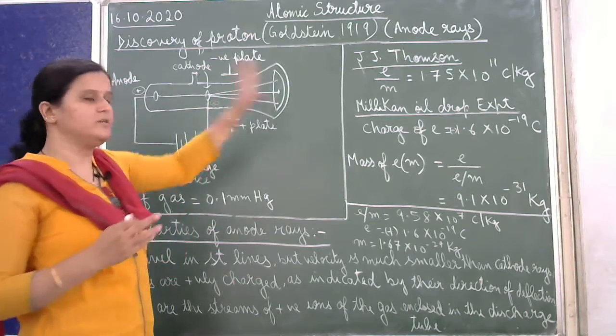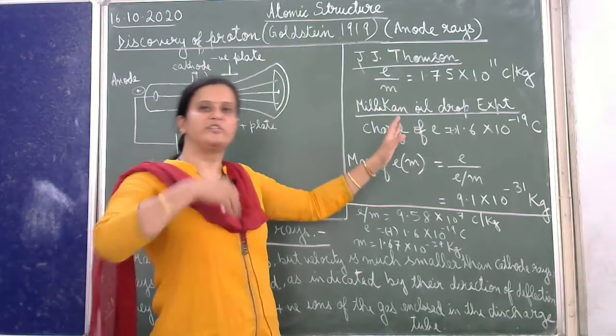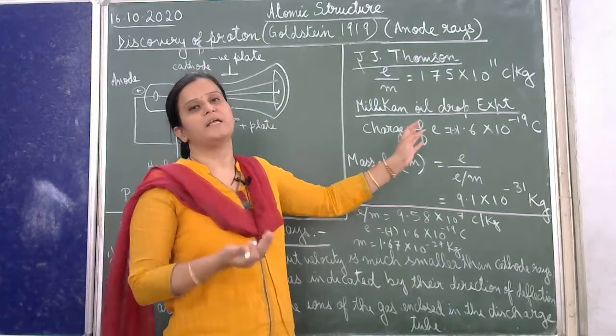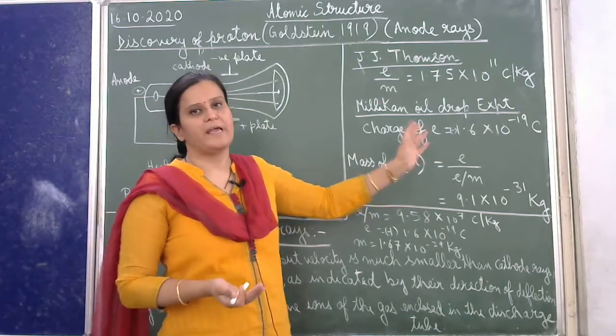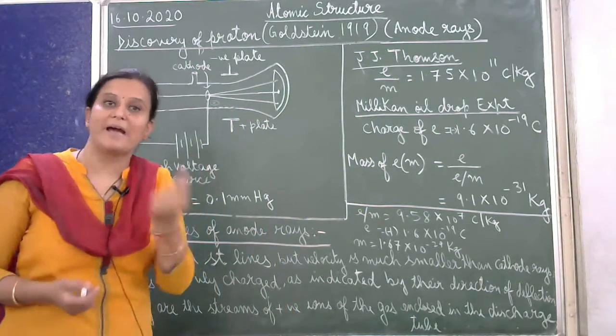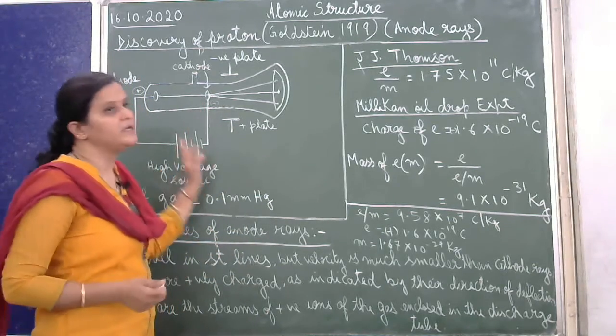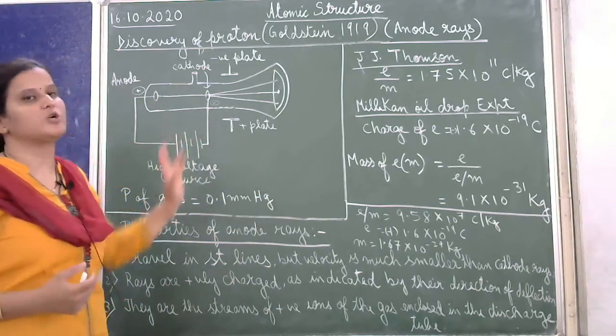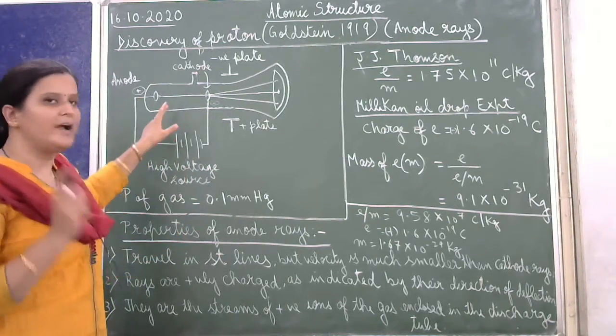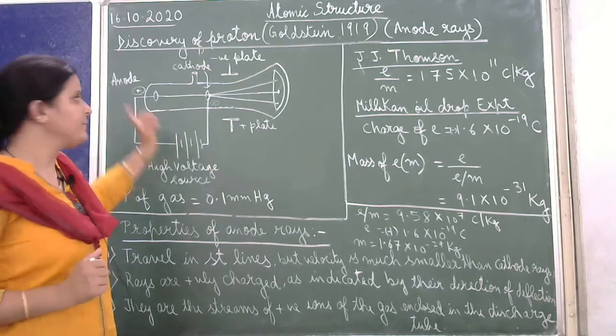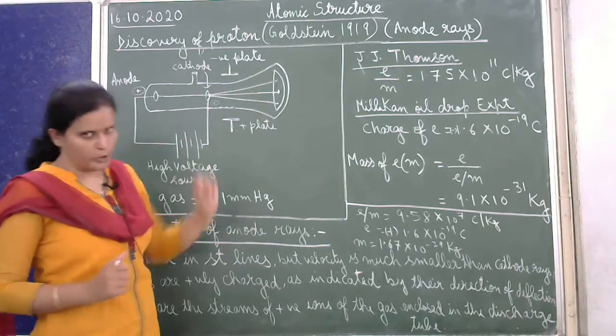Therefore, in Thomson's experiment, whichever gas or electrode material we took, we got the same electron. Cathode rays were made of electrons. But remember, these anode rays, also called canal rays, are not made of subatomic particles of one kind.